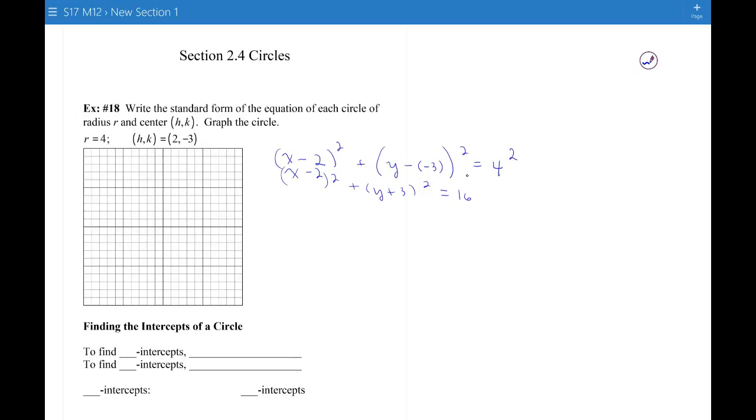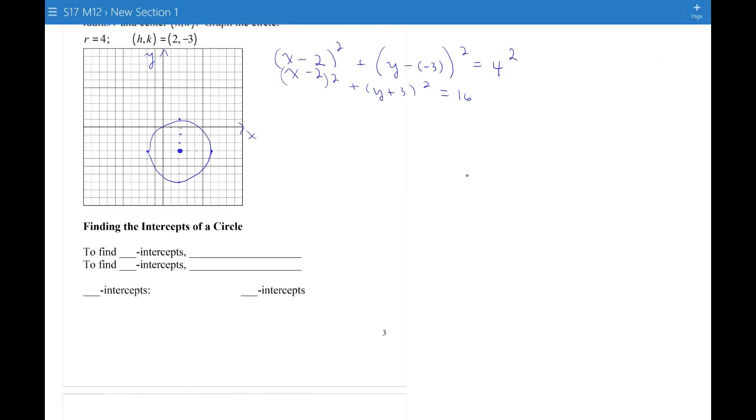Then we graph the circle by going to the point (2, -3), and don't forget to label the axes. Then it's 4 to the edges of the circle any direction we go. So 4, 4, 4, 4. I do those 4 points as guides and then draw a nice, smooth, symmetric circle.